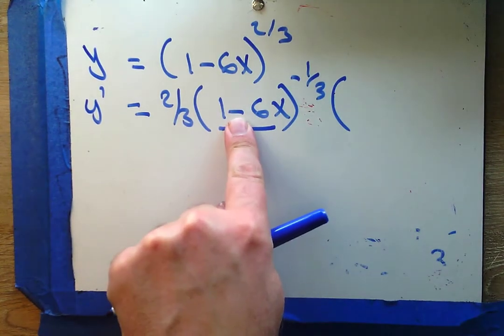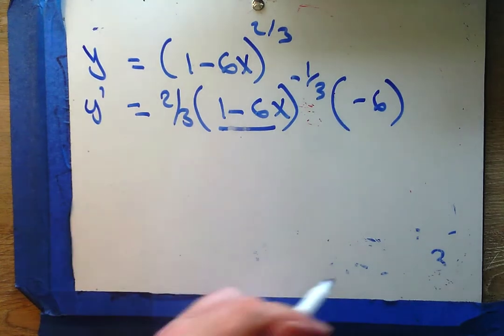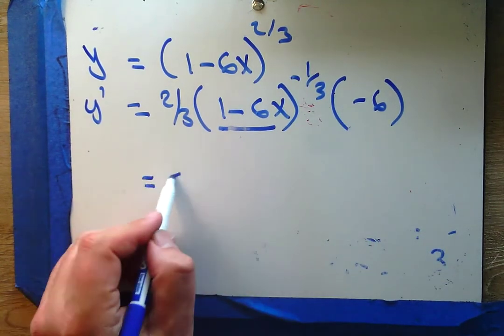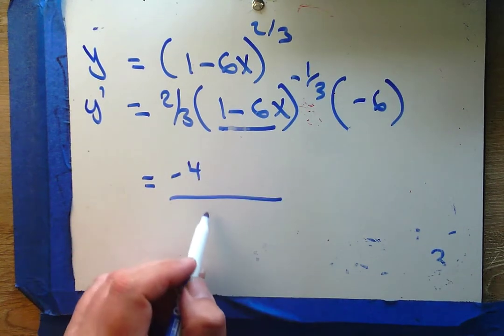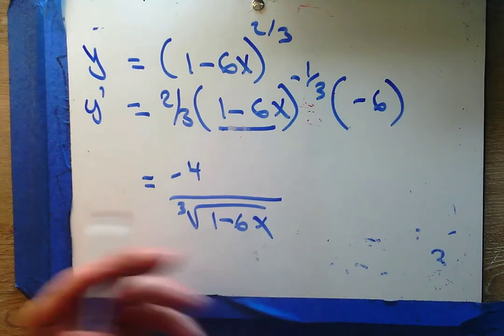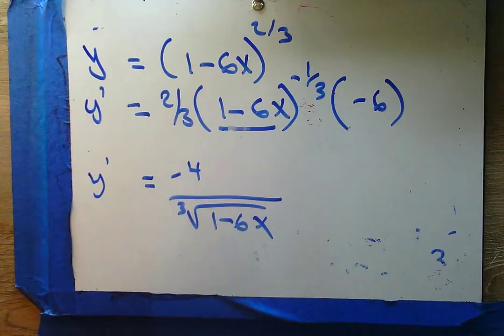Please wake up enough to notice that that's a minus, and so you get minus 6. I'd stop here. You can go further and have negative 4 over cube root of 1 minus 6x. I don't know that you need to, but you could, and on multiple choice, that would be the answer. Okay, that was 36. How about 39?